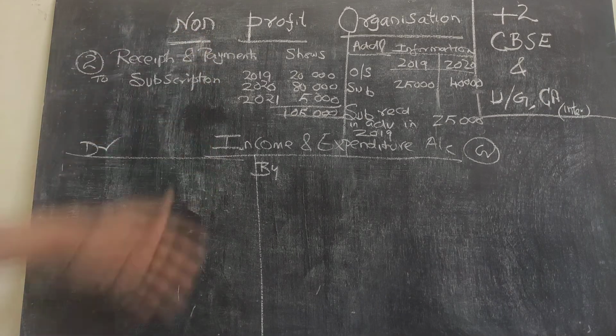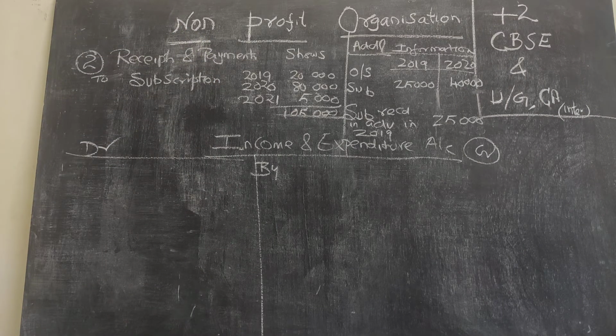In addition, additional information is provided. Outstanding subscription as on 2019 and 2020 is given as 25,000 and 40,000, and subscription received in advance in 2019 is 25,000. We have to compute the subscription to be shown in the income and expenditure account, and how it will appear in the final accounts.